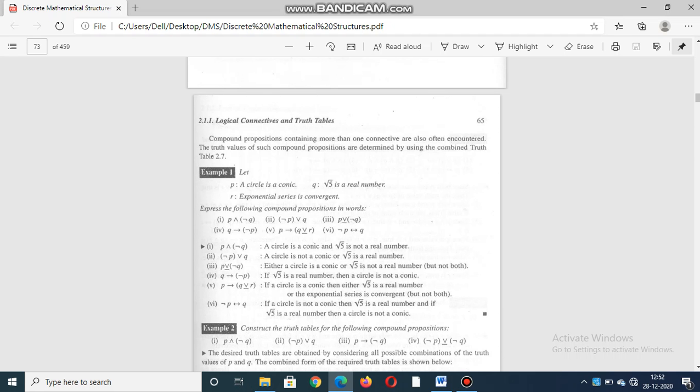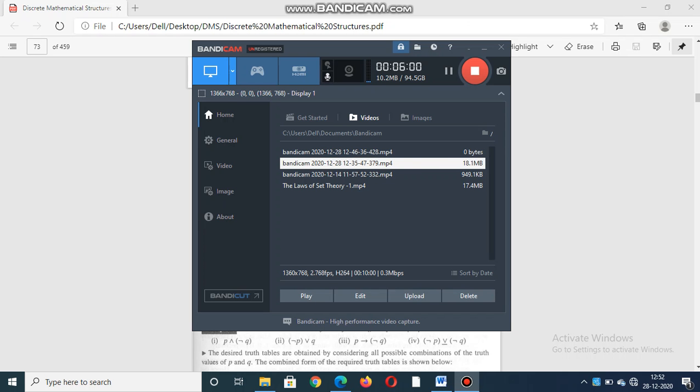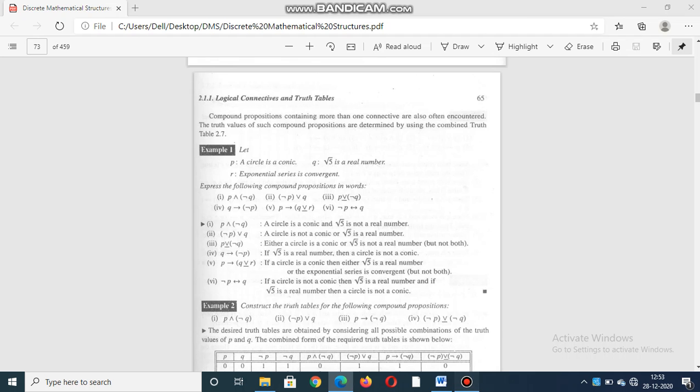Exclusive: P exclusive not Q. In a sense, either a circle is a conic or root 5 is not a real number, but not both.